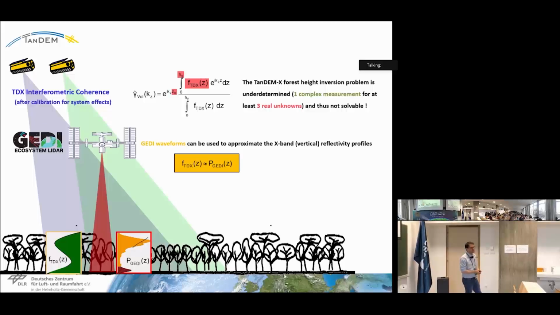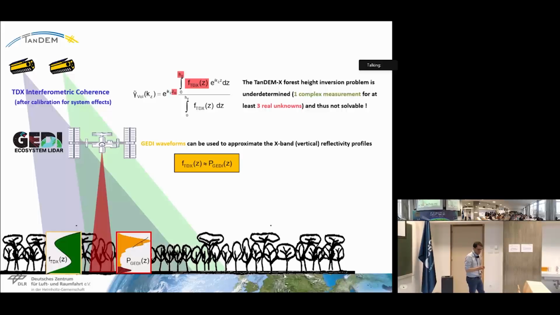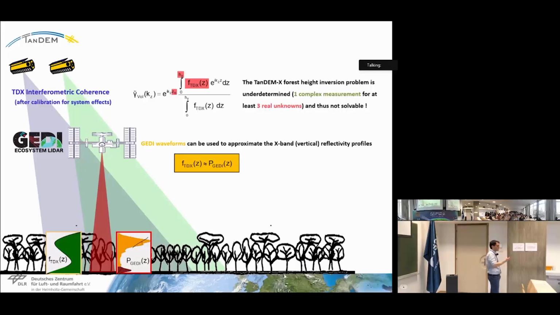The other assumption is that the X-band reflectivity is not too far away from a LiDAR reflectivity. And why do we speak about a LiDAR reflectivity? Because in this case we have GEDI. GEDI is a LiDAR which is deployed on the International Space Station. It's active since 2019, and since then is acquiring waveforms everywhere.